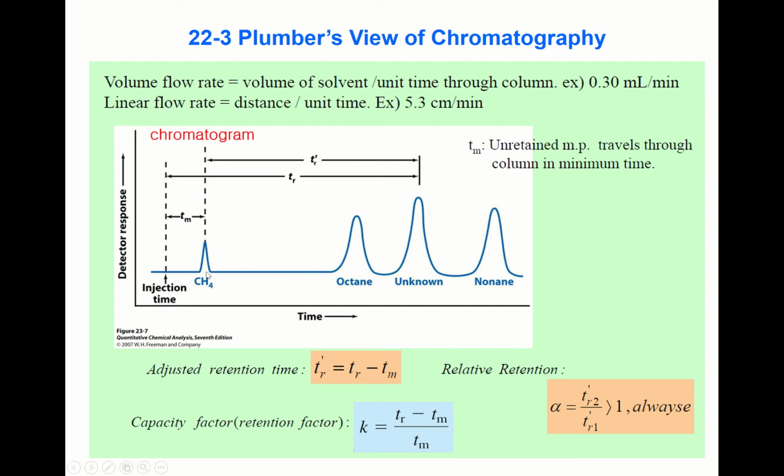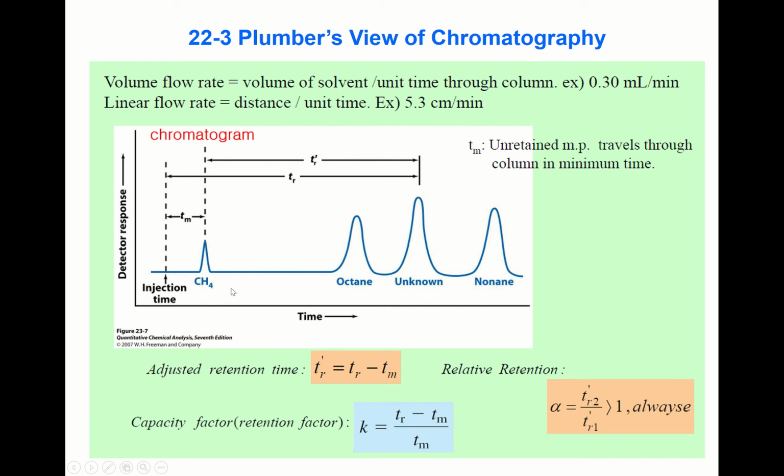This is because methane has virtually no interaction with the stationary phase, so it comes first, but it still takes time. The time is defined here as T sub m. The methane travels along with the mobile phase, and that takes time. Although it takes time, don't think that methane interacts with the stationary phase.